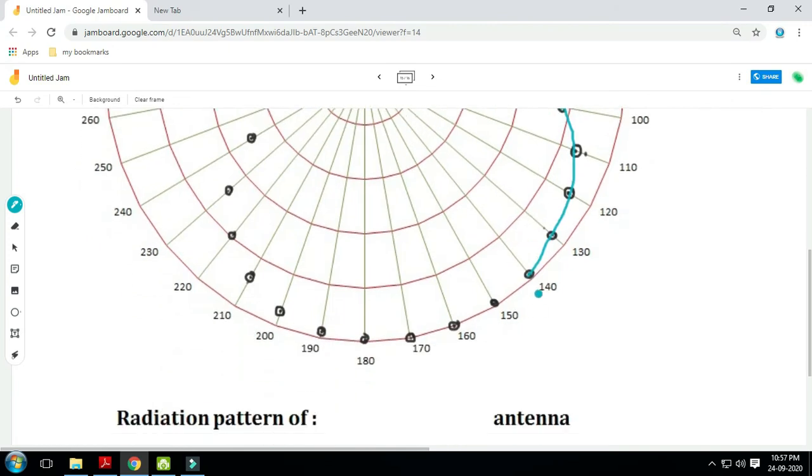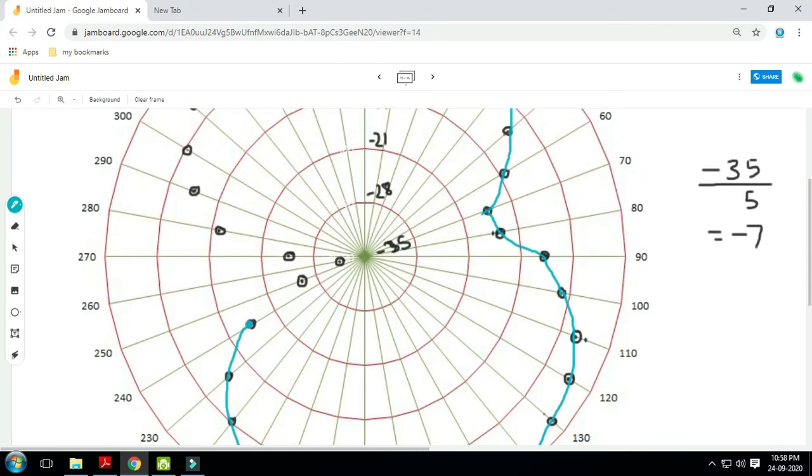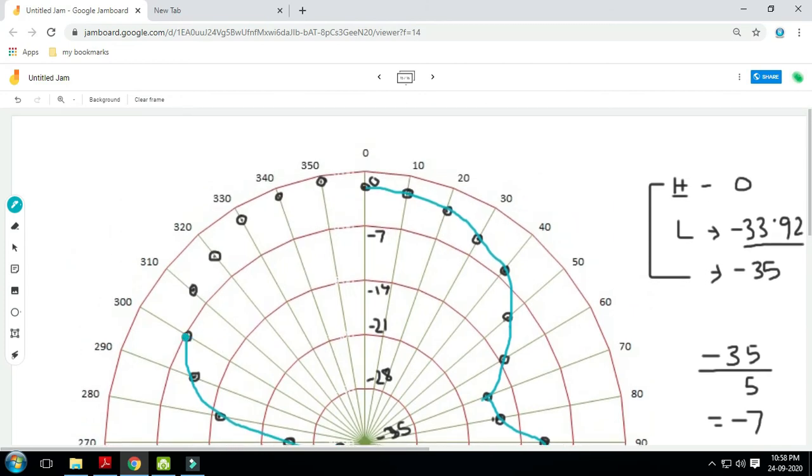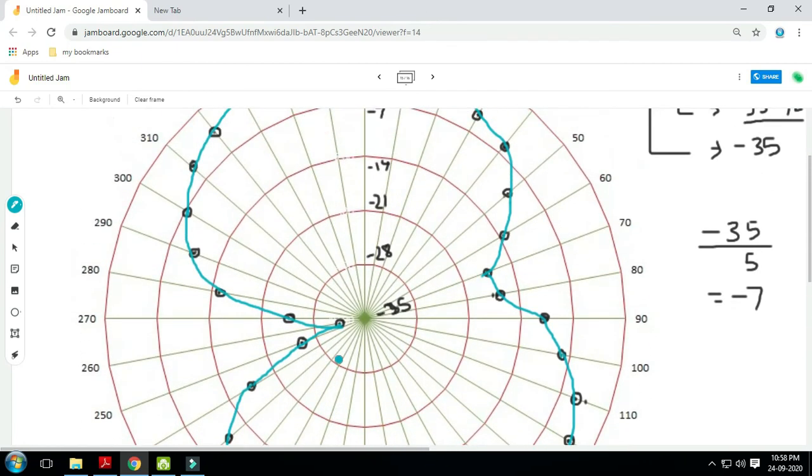Just join all the points properly, and as I have joined all the points, this pattern is called the radiation pattern.